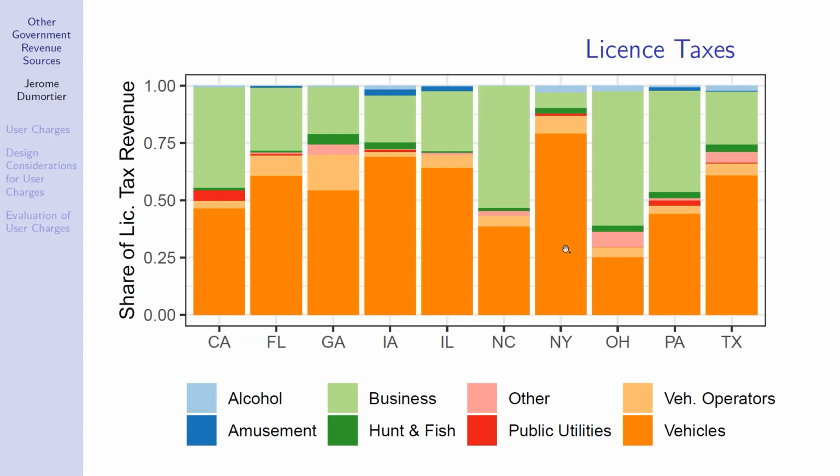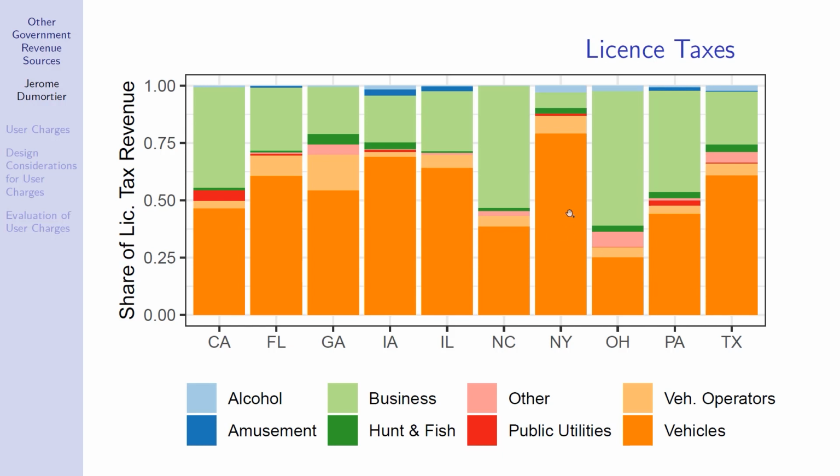Now here, when you're looking at license taxes, remember that licenses allow you to engage in an otherwise forbidden or restricted area. I have taken the largest 10 states in terms of population, and I have also included Iowa in here. You can see that there are significant variations in terms of license tax revenue.